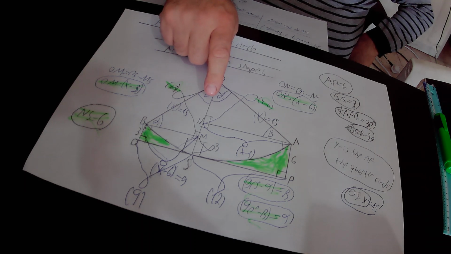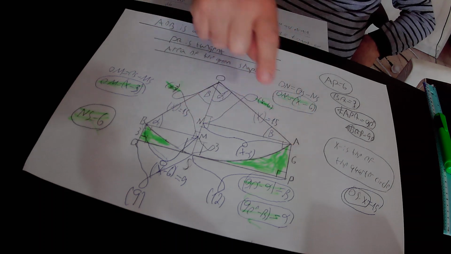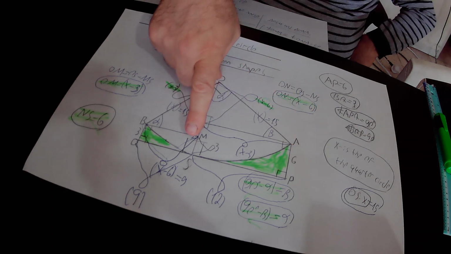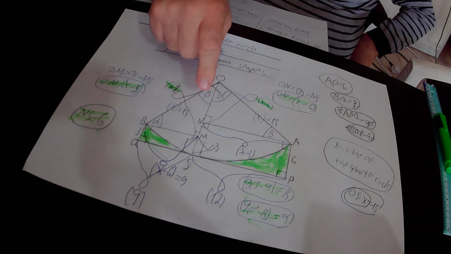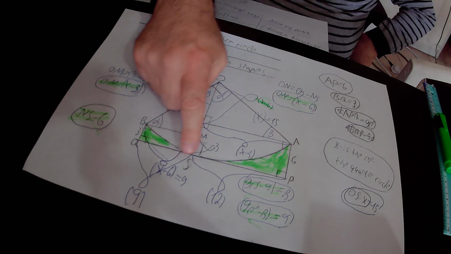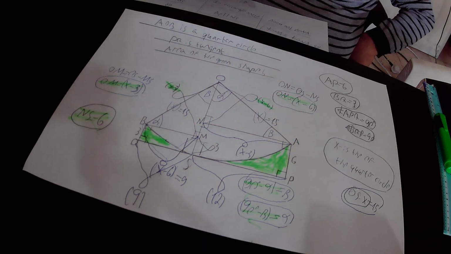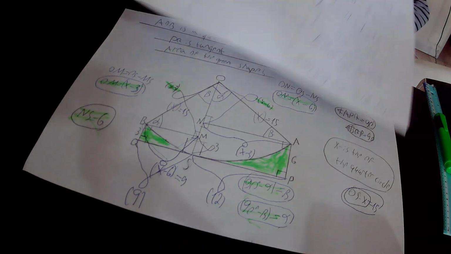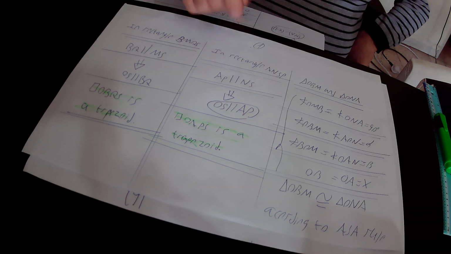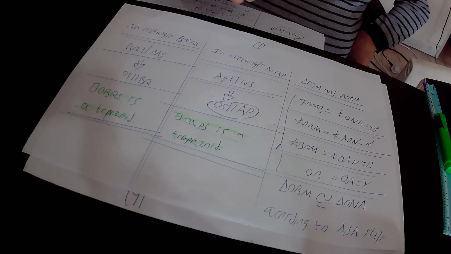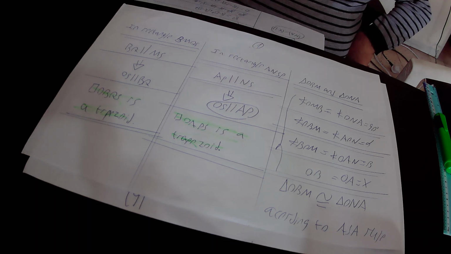So if part of the straight line OS, that is NS, is parallel to AP, then the straight line OS itself must also be parallel to AP. Because if part of a straight line is parallel to another straight line, then the straight line itself must also be parallel to the other straight line.